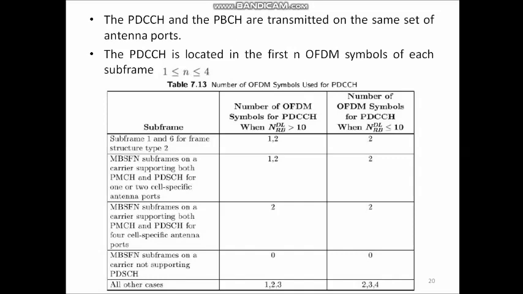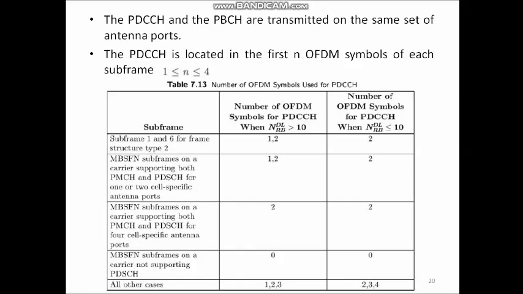The PDCCH and the PBCH are both transmitted on the same set of antenna ports. The PDCCH is located in the first n OFDM symbols of each subframe, and n lies between 1 and 4.